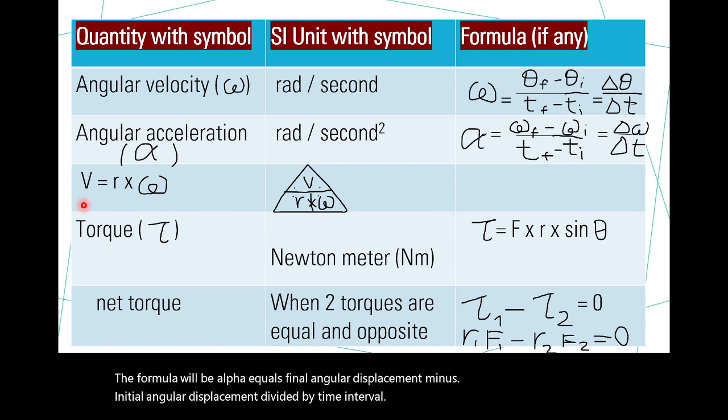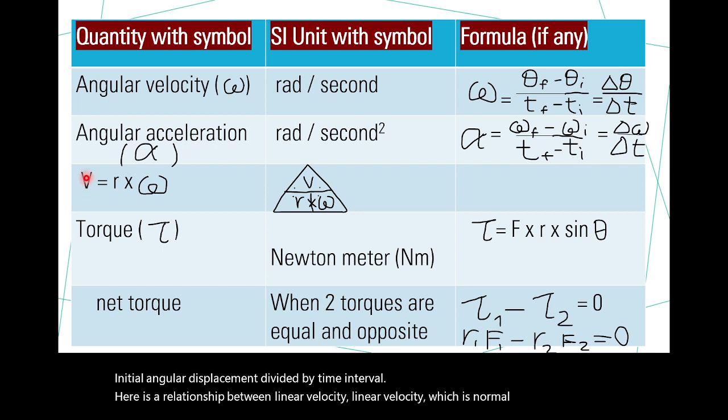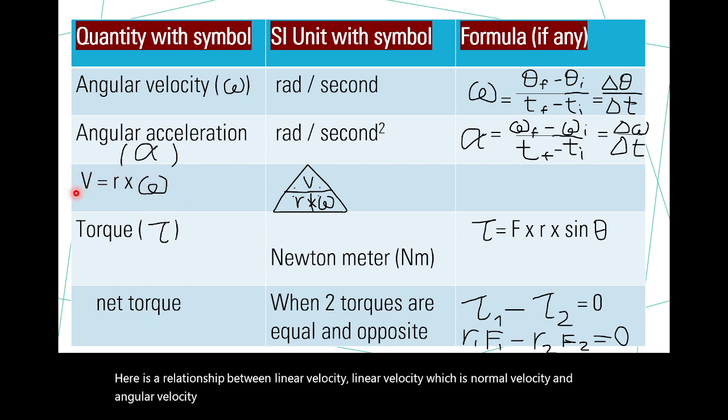Here is a relationship between linear velocity, which is normal velocity, and angular velocity. The relationship is V equals R times omega. This triangle will help you.